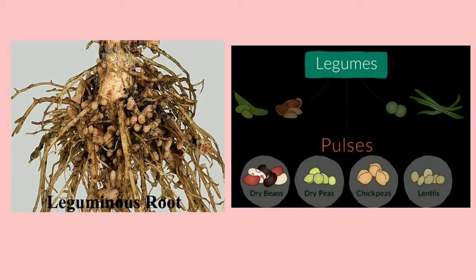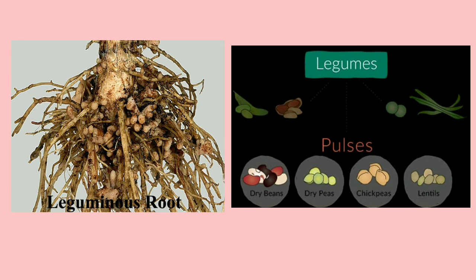It needs to be fixed, that is, converted into compounds. So, fixation of nitrogen occurs by biological and atmospheric methods. In biological fixation of nitrogen, two different types of microorganisms bring about biological nitrogen fixation.